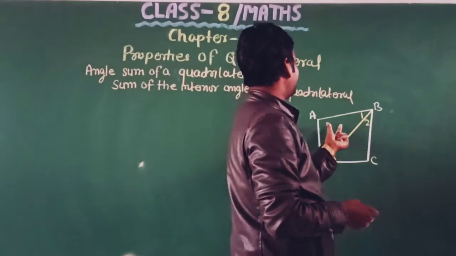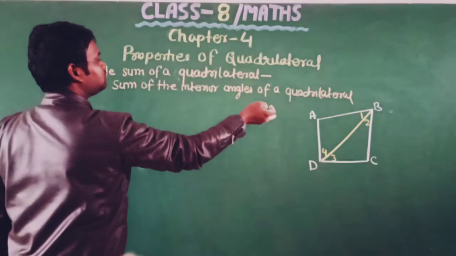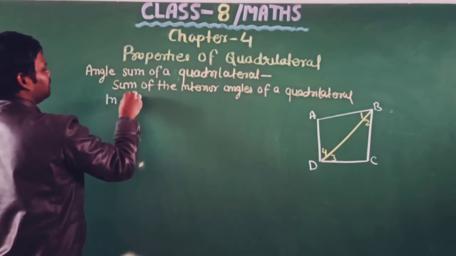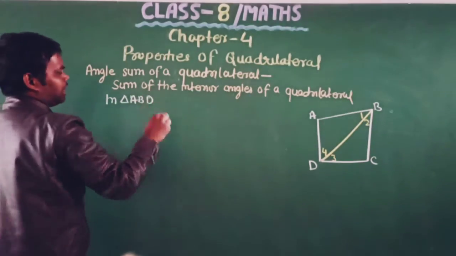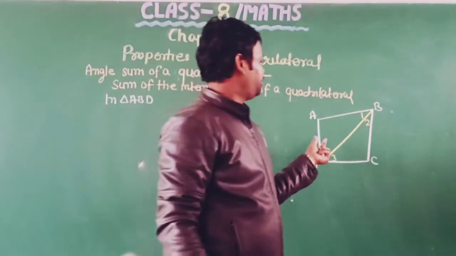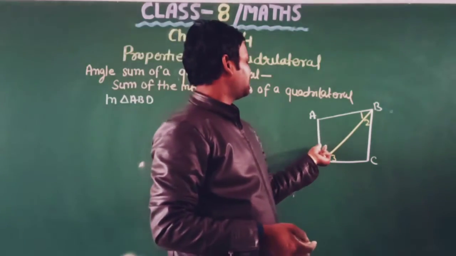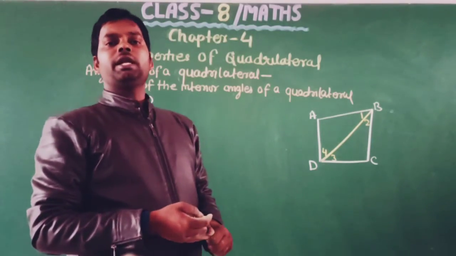Now let us consider triangle ABD. In triangle ABD, we know the sum of the angles of a triangle is 180 degrees.